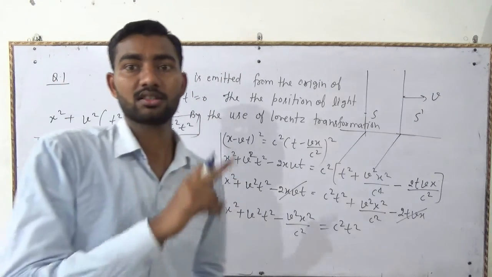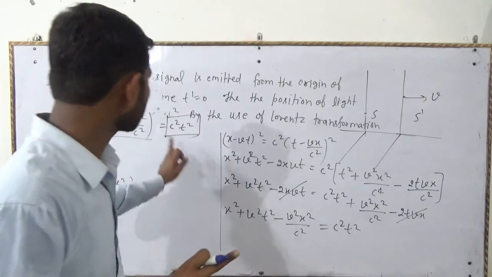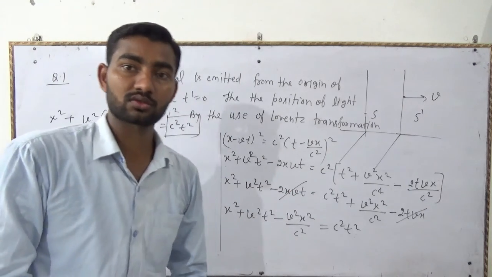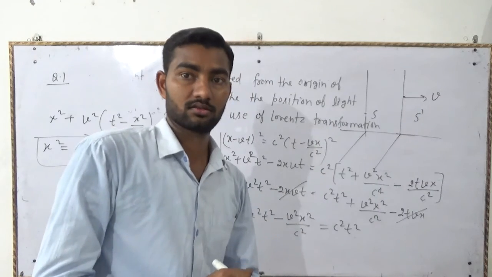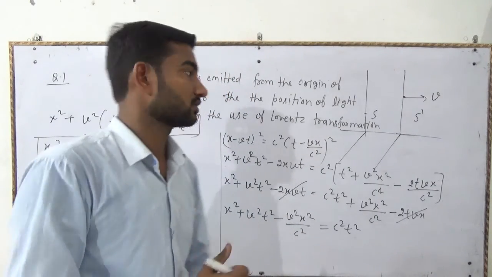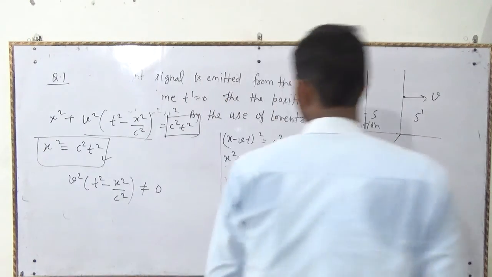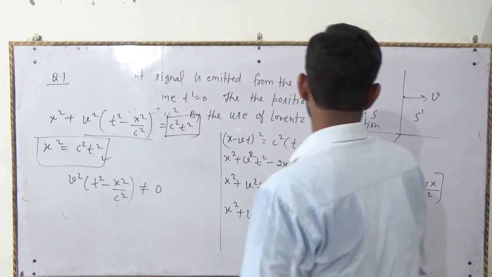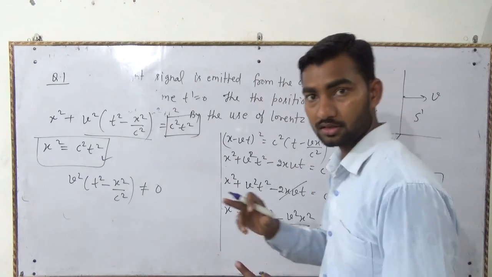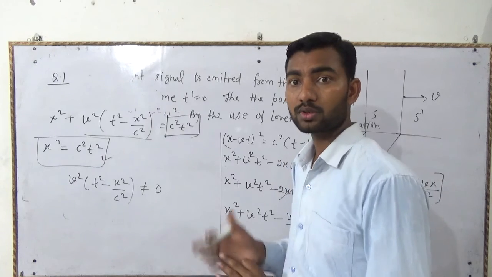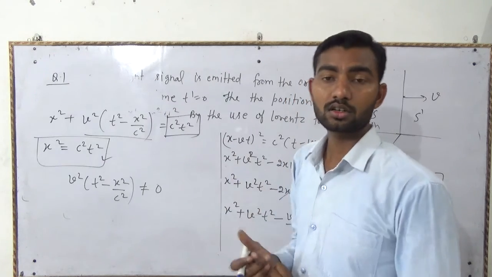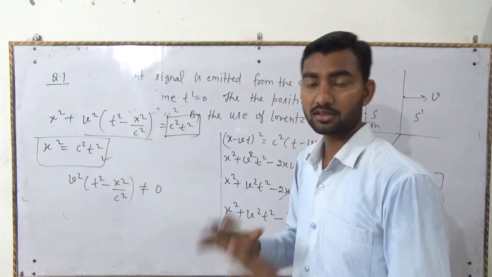The speed of light is always constant, because x square is equal to c square t square is relative to the frame S, and from the frame of reference S dash we have x dash square is equal to c square t dash square. We have proved from this equation that x square is equal to c square t square, the same result.